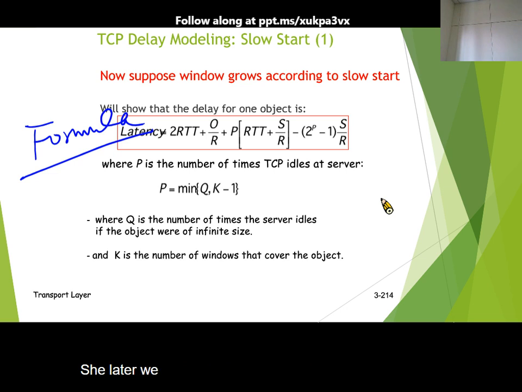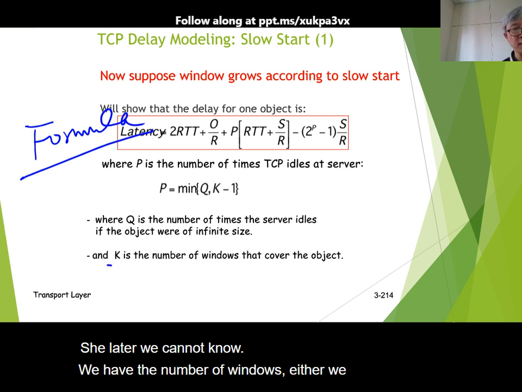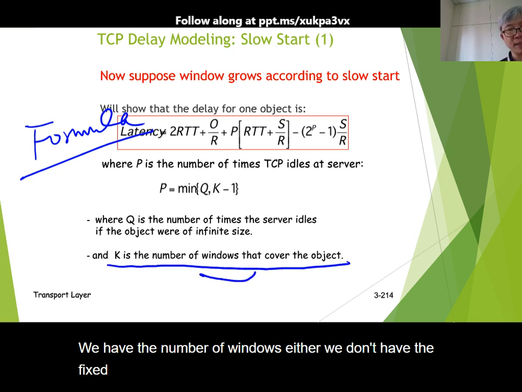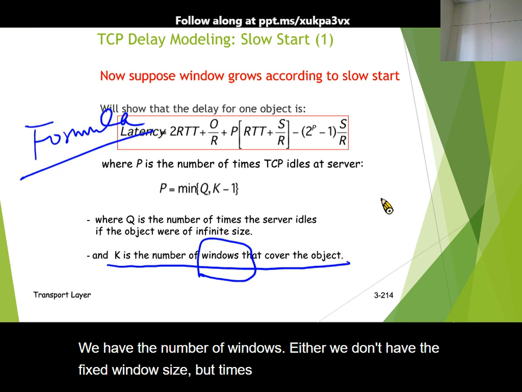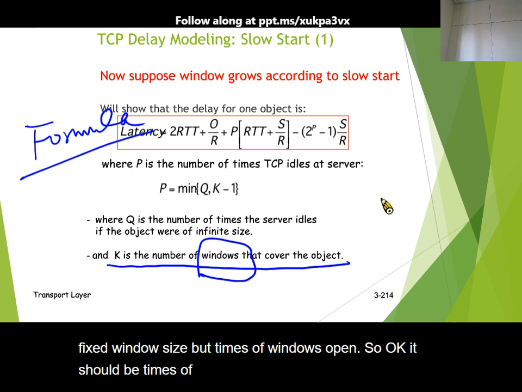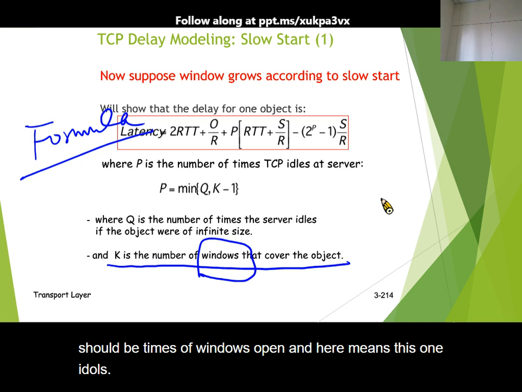Currently we have K, the number of windows, even though we don't have the fixed window size, but times of windows open. So K should be times of windows open. And the Q means this one, idles. How many times of idle?